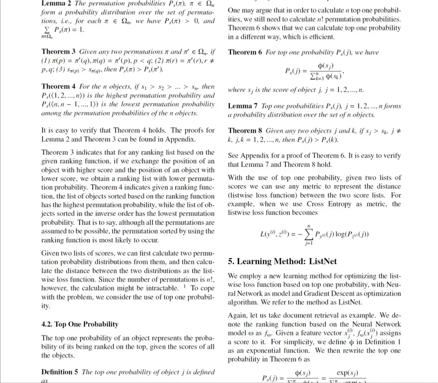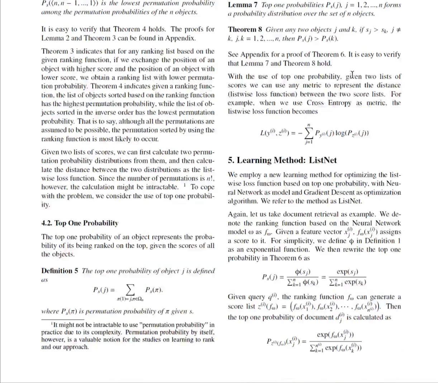So they alternatively suggested a second probability, the top one probability of the jth document being the rank 1 document, and this makes the whole computation very easy.